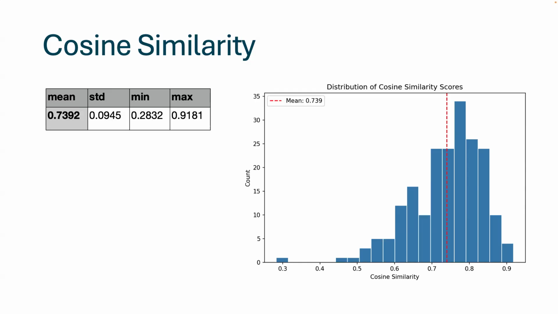While the maximum score is right around 0.92, which indicates that that instance is a very close match to the expert opinion. So this proves that, generally speaking, the RAG system is able to ground the LLM responses in the verified context. And the full cosine similarity scores can be found in the eval results directory of the project.